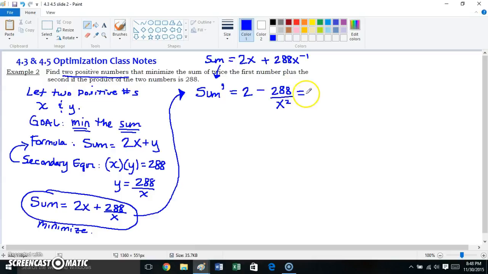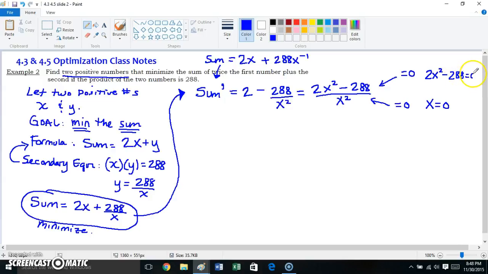I am going to encourage you to write this as a least common denominator fraction. That would be 2x squared minus 288 all over x squared, because it's much easier to find the critical points when the numerator is equal to 0, and when the denominator is equal to 0. So x equals 0 is a critical point, as well as 2x squared minus 288 equals 0.